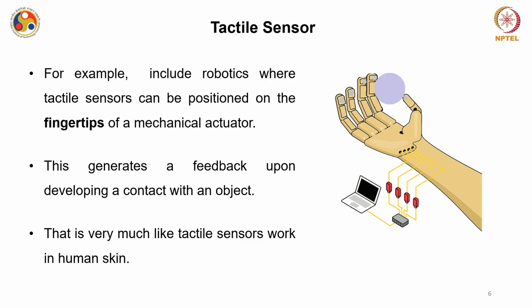This is very much like the tactile sensors that work in a natural human body, which is our skin. When somebody touches, or if that person goes from the nearby place but doesn't touch, we can have that particular feeling.